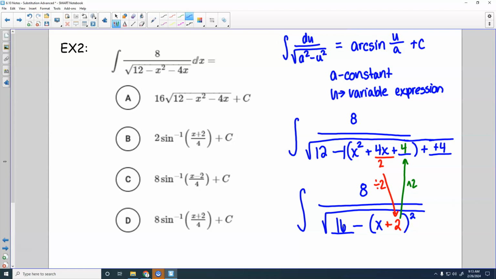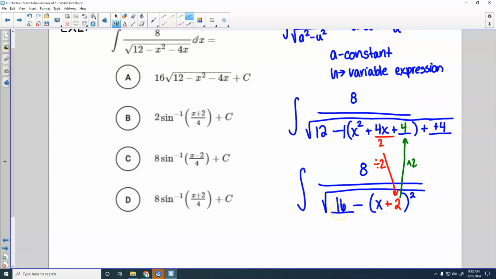Okay? Is everybody with me there? Okay, with the formula, this is not that bad once you get it to this point, because we're just going to leave that numerator. I'm going to write that 16 as 4 squared minus x plus 2 squared.